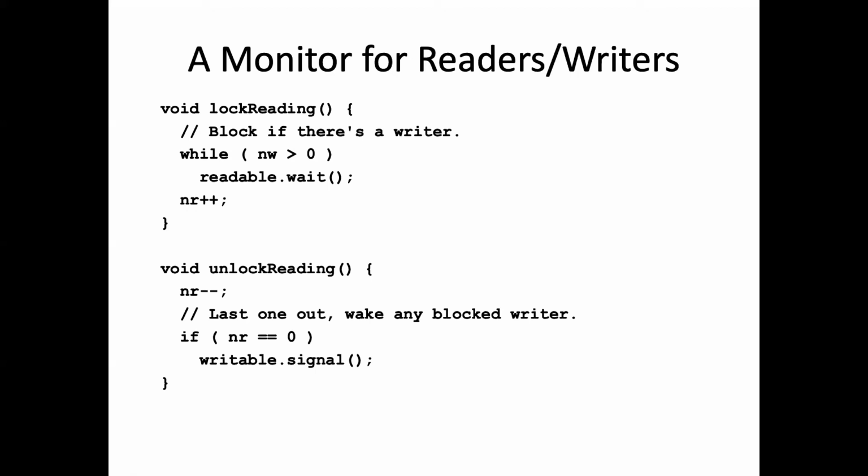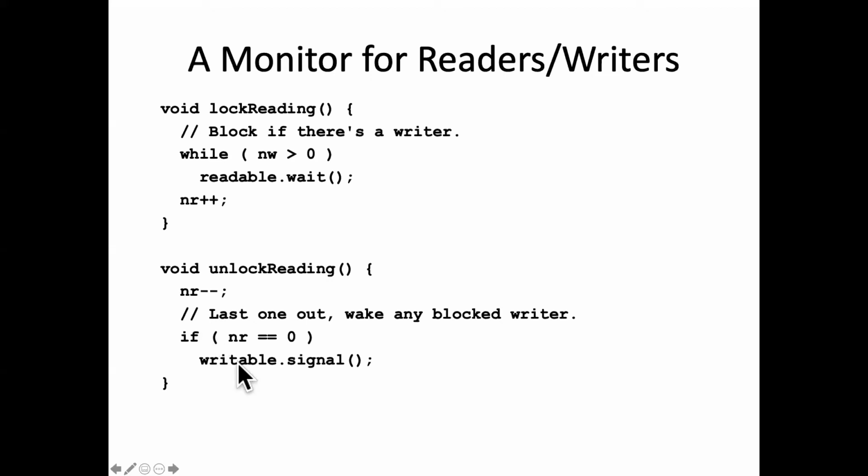The real reason we need to do that is that as readers acquire the locks, that's okay as long as there are no writers. But as they give them up, we need to know when the last reader gives up its reading lock, because that's when it's going to be okay to write again. So down here, when a reader gives up their reading lock, we decrement the number of readers. If it hits 0, then it's okay to write.